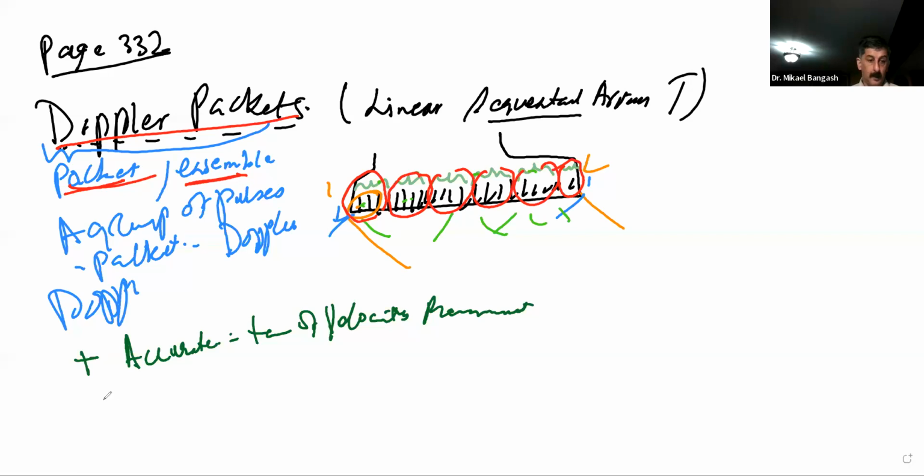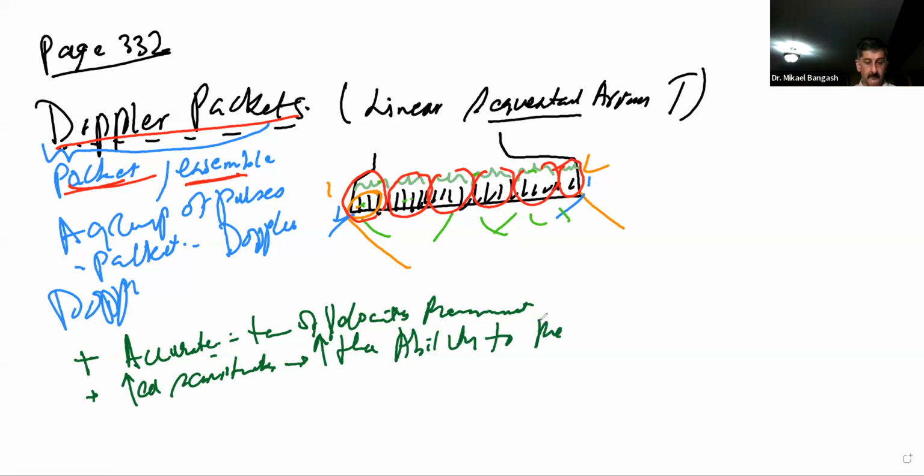Now another advantage is that it's also going to have an increased sensitivity. And what that increased sensitivity will lead to is that it will increase the ability to measure low velocities.